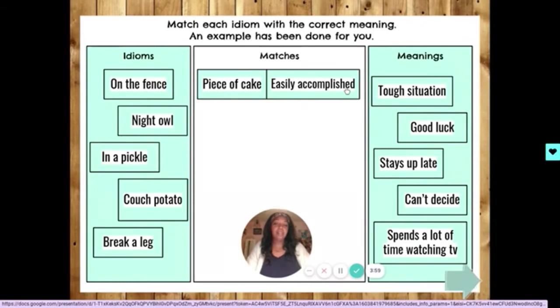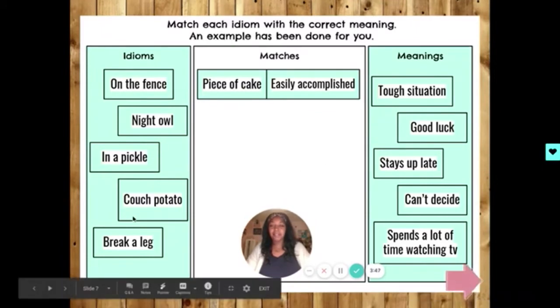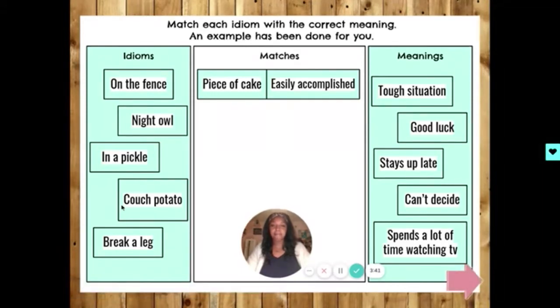Now, I would love for some participation right now. Can I have a volunteer pick an idiom and figure out its meaning? Yes, Garvin. A couch potato. That's an interesting one. Tell me all about a couch potato. What does that mean?